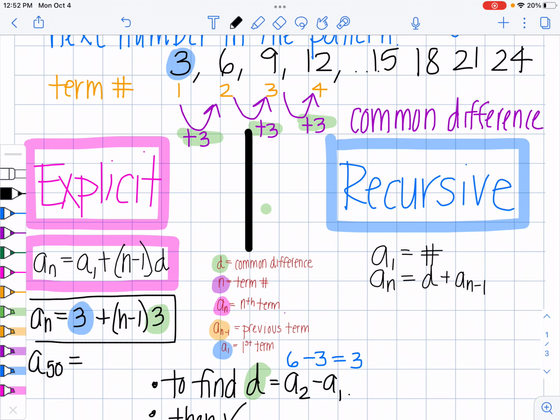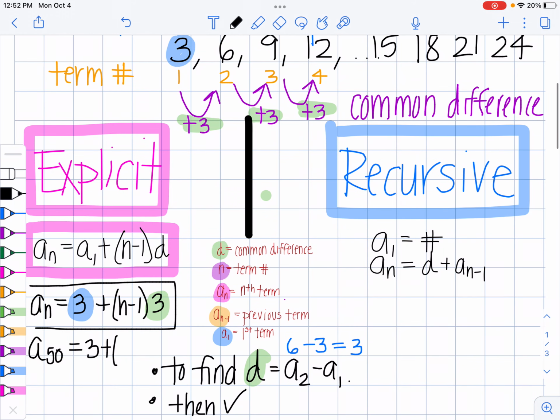This formula says I take my first term plus I plug in my term number. Notice my term number is 50. I'm going to plug in 50 here because that's what I'm trying to find, my 50th term, minus 1 times 3. So this becomes 3 plus 49 times 3.